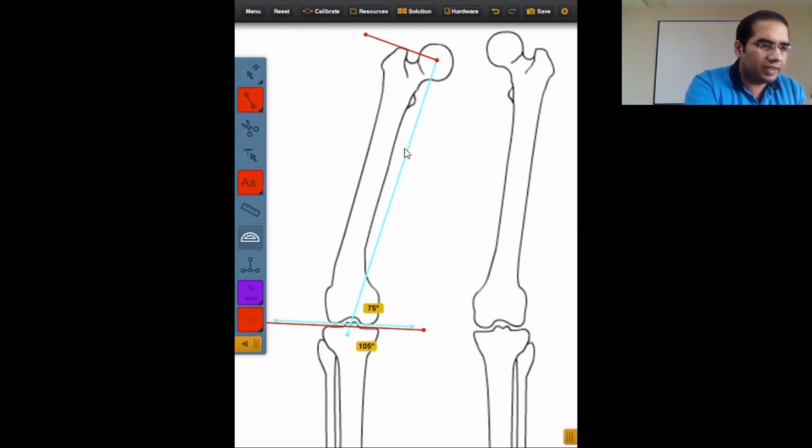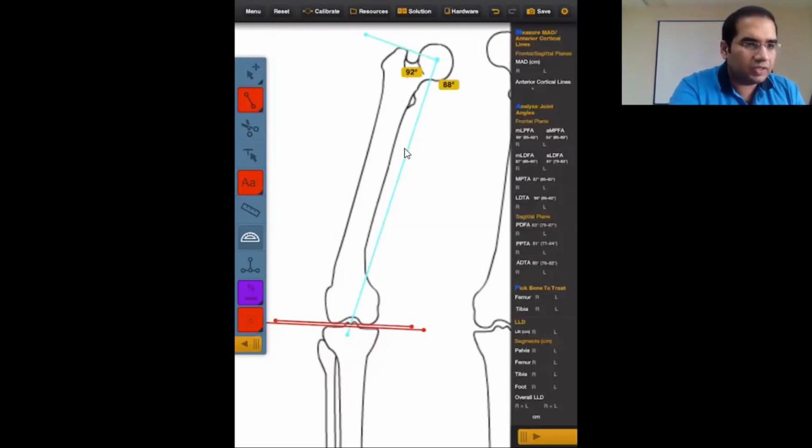Let us also check the upper angle. Here the angle is 92 degrees. As we all discussed, the mechanical lateral proximal femoral angle population mean is 90 degrees, and the range is 85 to 95 degrees.